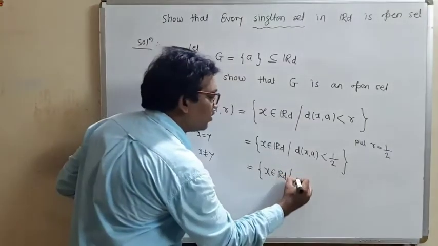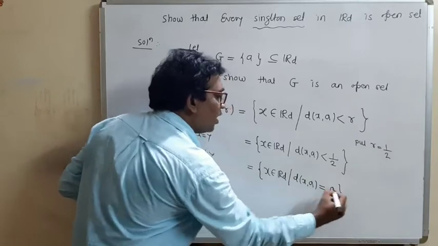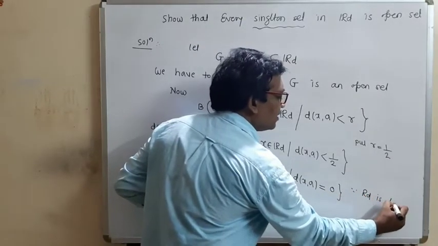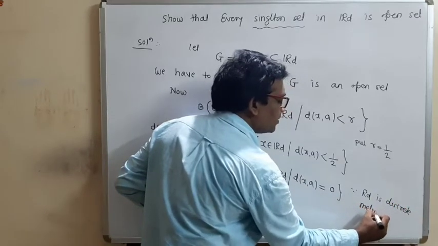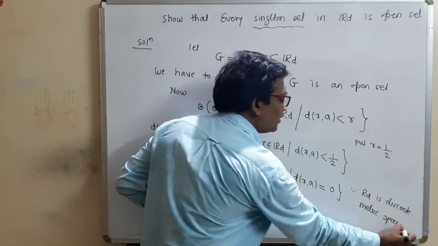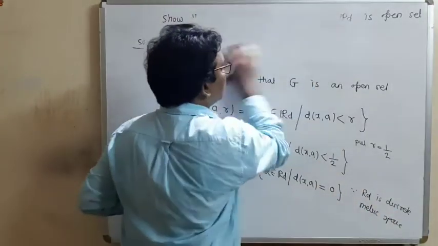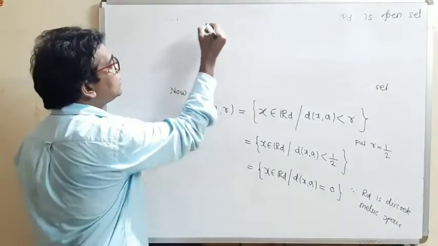So put here 0. Distance between X and A is equal to 0, and give the reason, because RD is a discrete metric space. So find out this open sphere.